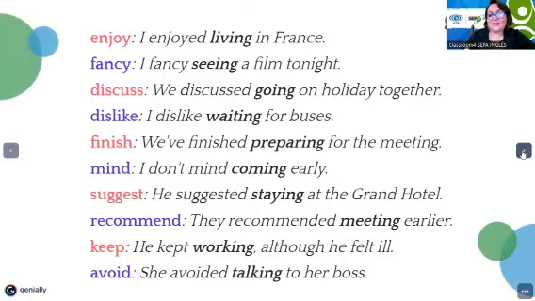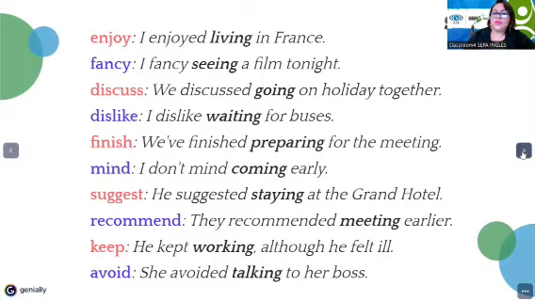And here we have some examples. Enjoy: I enjoyed living in France. I fancy seeing a film tonight. We discussed going on holiday together. I dislike waiting for buses.